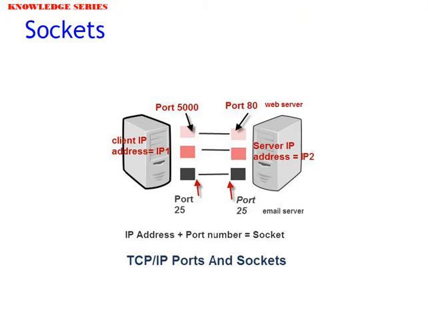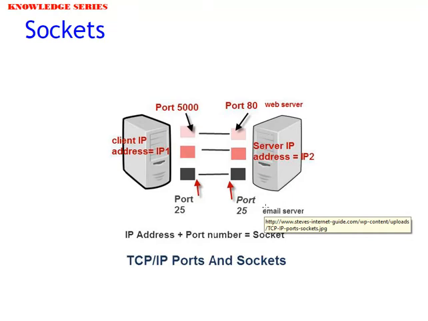Automatically it will go because this is a standard port. It will take the destination socket of the Yahoo server. So what is the Google server socket? It is IP2 plus port 80. And what is the Yahoo server socket? IP3 plus port 80. That is how you identify the socket.